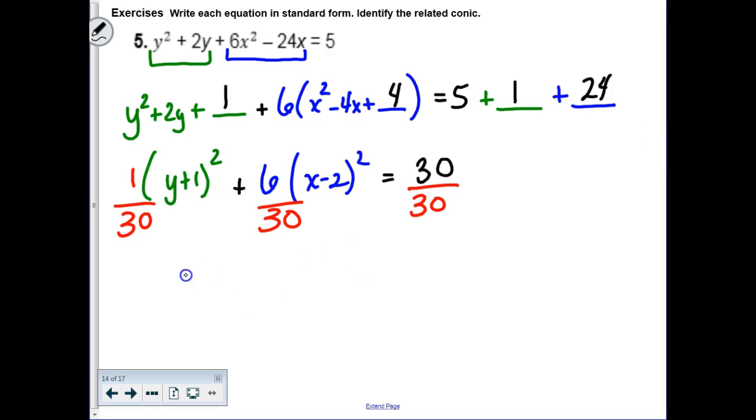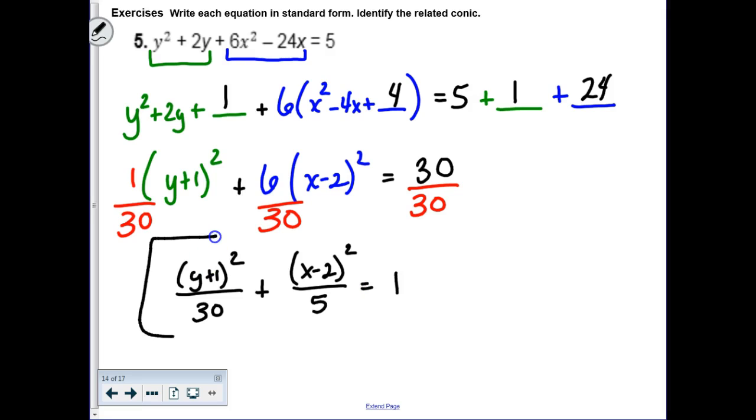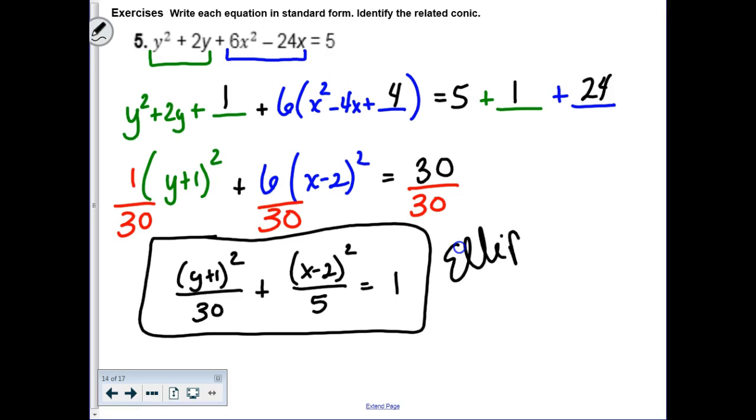So here's what we have: y plus 1 quantity squared over 30 plus x minus 2 quantity squared, this is a 1/5, so over 5, equals 1. Thank goodness they don't want you to graph that. That's ugly. This is definitely an ellipse. Come tomorrow, you'll be able to take that one step further and calculate the eccentricity.